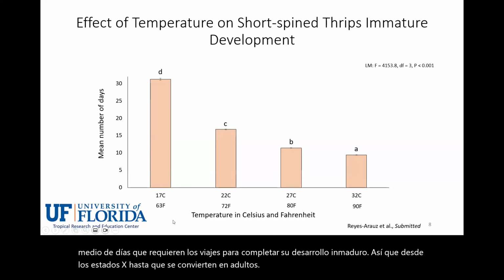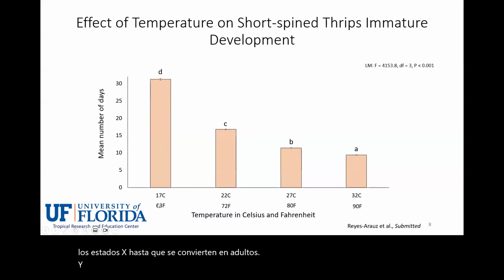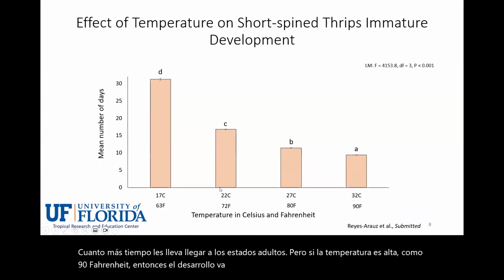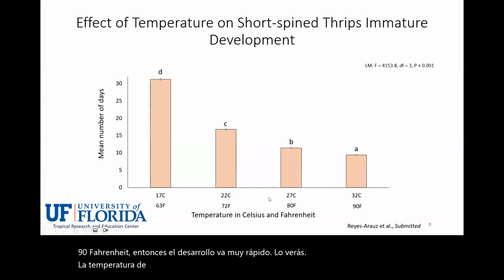You can see that the lower the temperature, the longer it takes them to reach the adult stage. But if the temperature is high, like 90 Fahrenheit, then the development goes very fast. The temperatures of 72 and 80 Fahrenheit were in the middle, but these were also favorable temperatures for immature development.